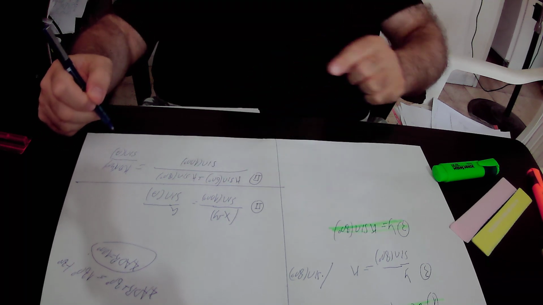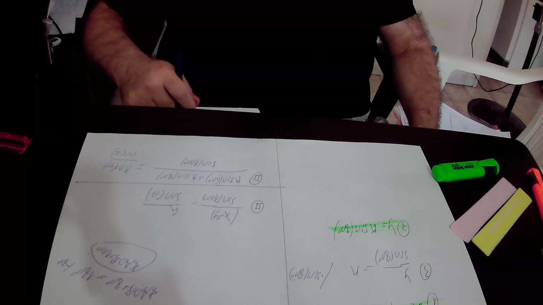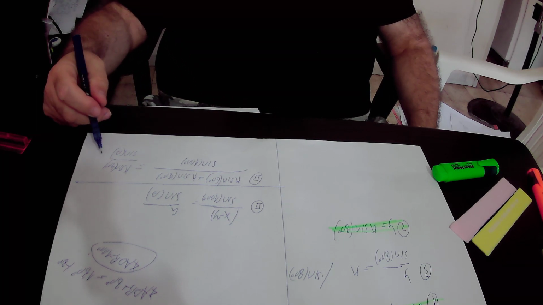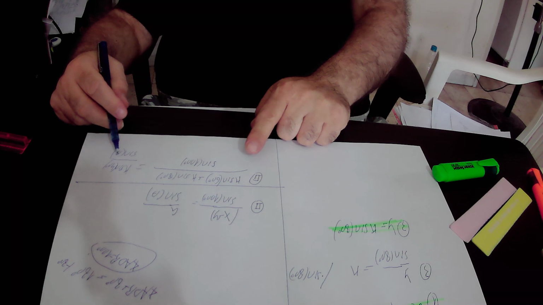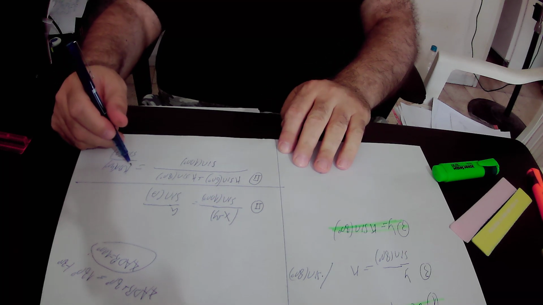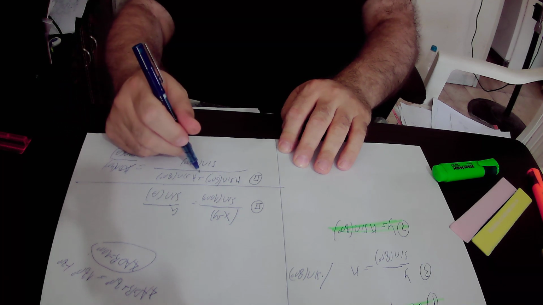So in conclusion, we found out that k times sine 60 degrees plus k times sine 80 degrees over sine 100 degrees equals k times sine 40 degrees over sine theta. Here we have k on both sides of the equation, so we can divide the equation by k, and in this way k will get cancelled.